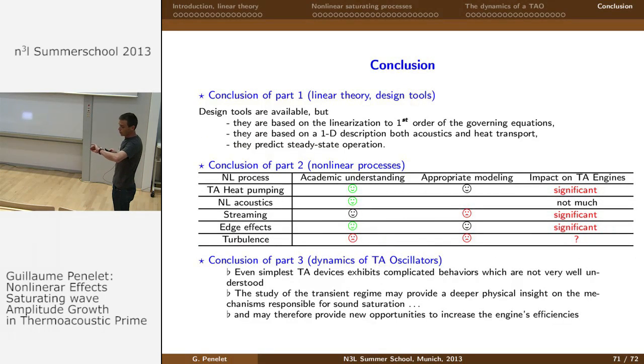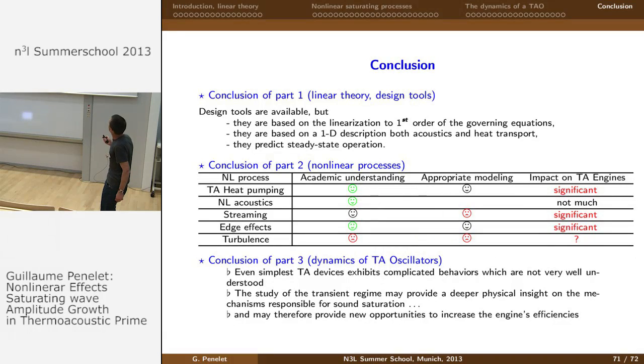So now let's conclude. My conclusion will be very brief. In the first part, I have shown that the design simulation tools have some limitations which are related to the one-dimensional description of the phenomena, to a linearization of the governing equation, and to the fact that they only predict steady state.